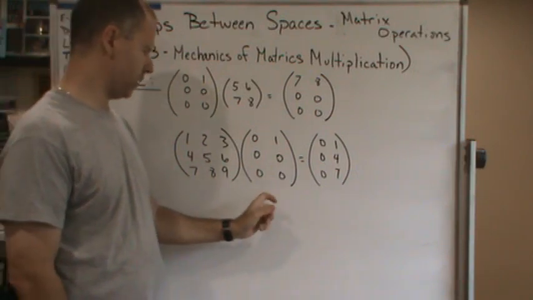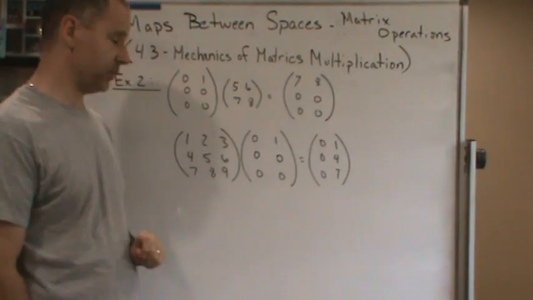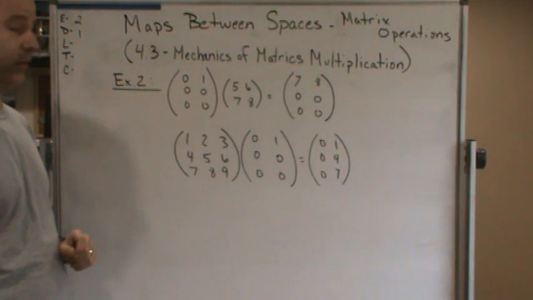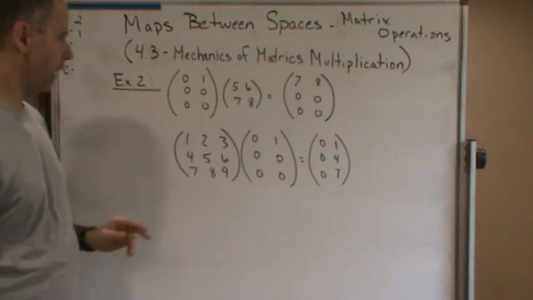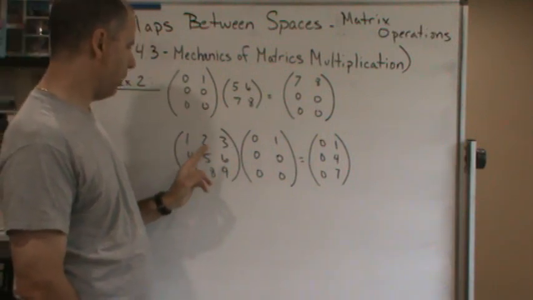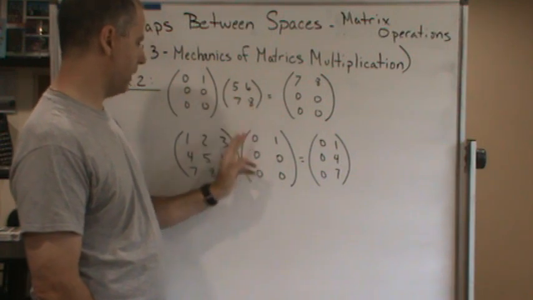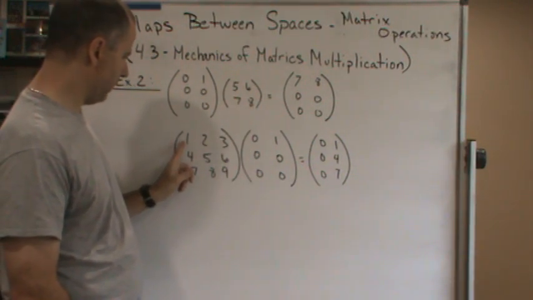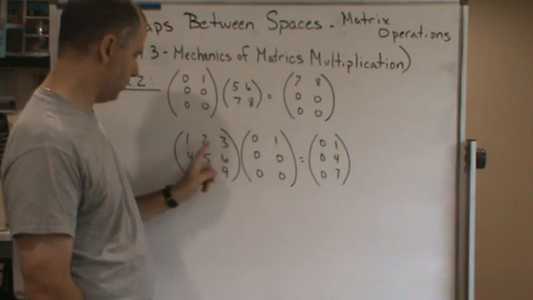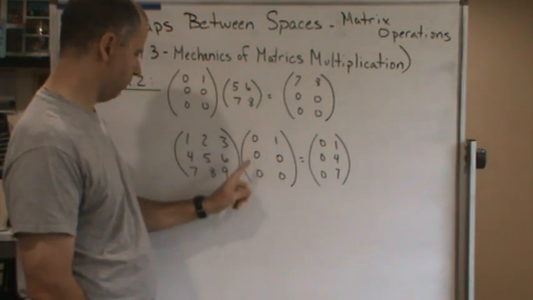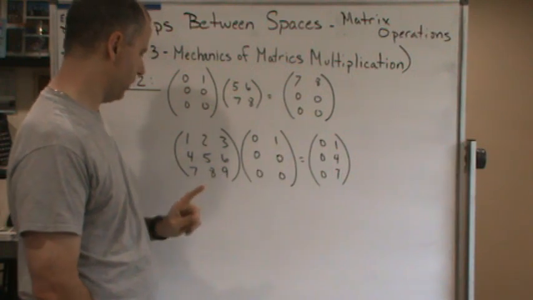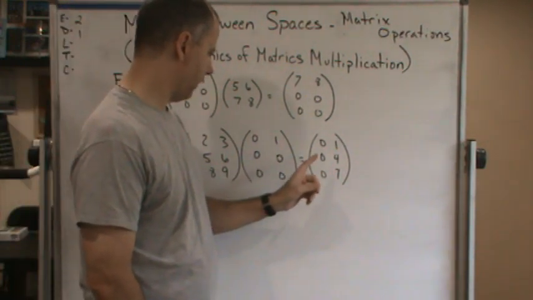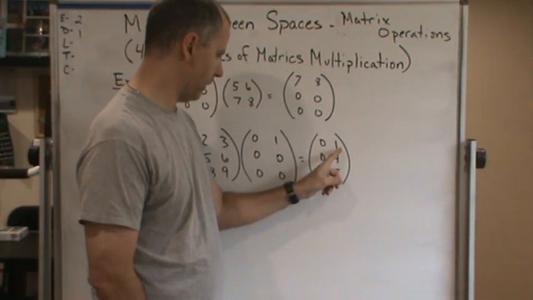What if I'm multiplying by this matrix unit on the right? Well, now look what's happening here. Instead of repeating rows, it's going to repeat columns. So think about it. It's 1 times 0 plus 2 times 0 plus 3 times 0. So there you get 0. But what about this one?